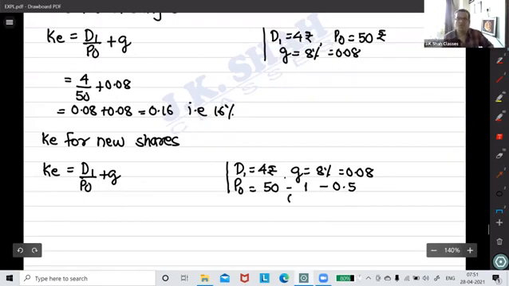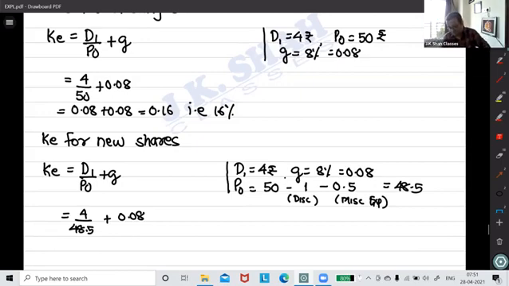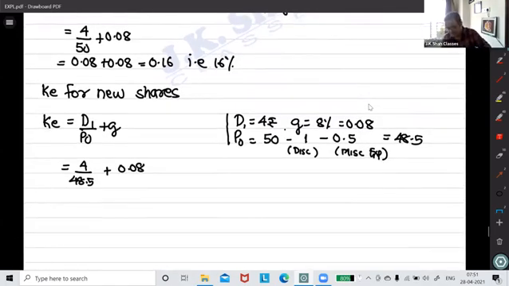Okay, right below. What does this 0.5 discount? What is said in the question? Miscellaneous expenses, like flotation cost. Okay. So now get the final answer. D1 4 upon P0 48.5, plus 0.08. 4 divided by 48.5, whatever answer I am getting, in that I am adding 0.08.